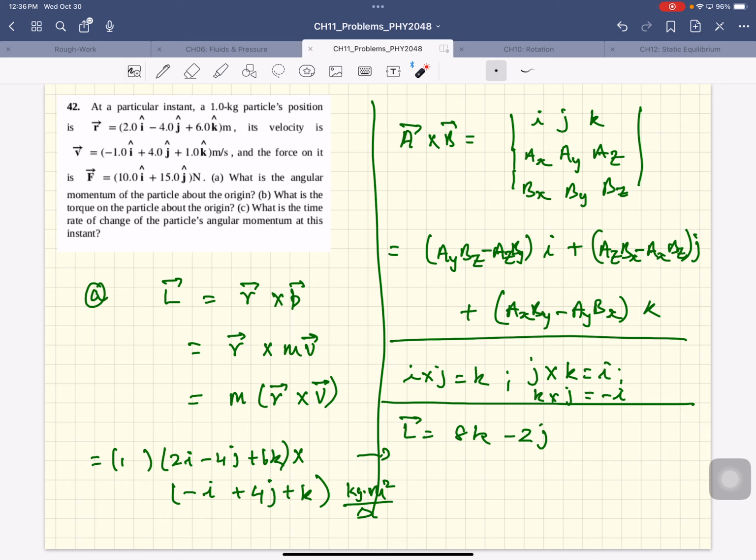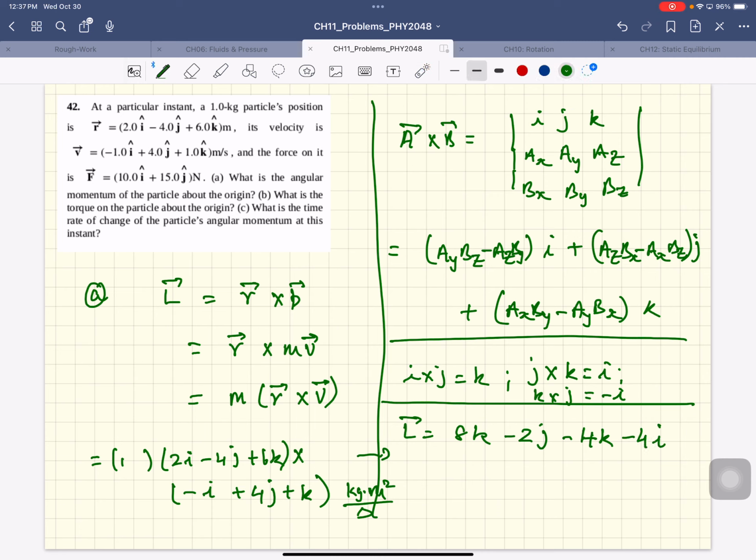So where were we? j cross i is minus k, so that's minus 4k. j cross j is 0, j cross k is i, so that's minus 4i.